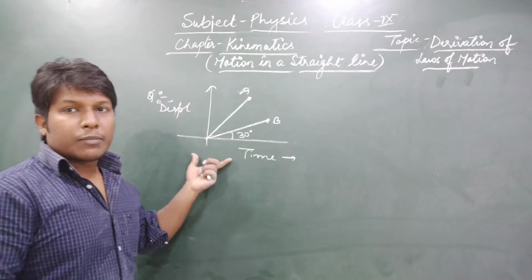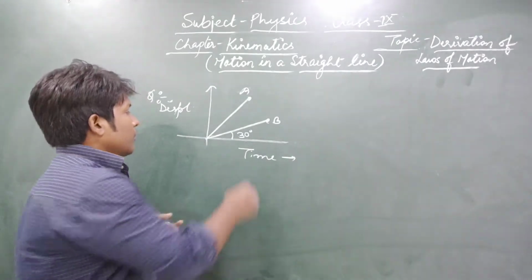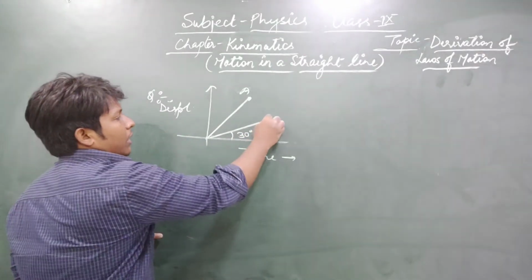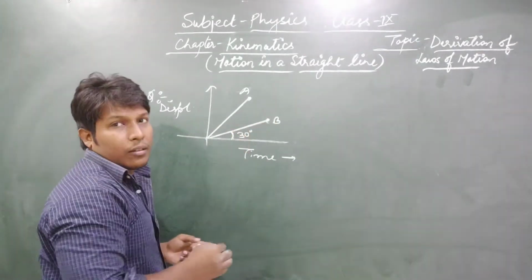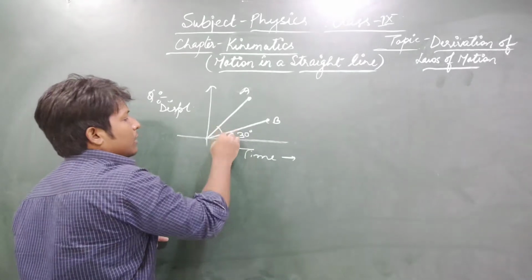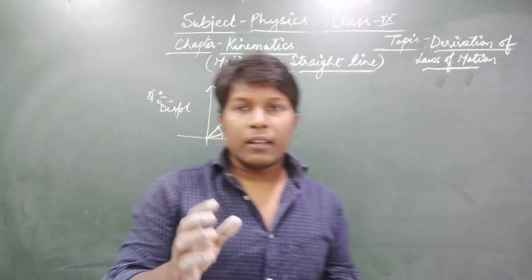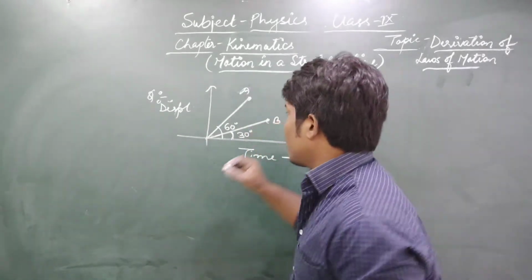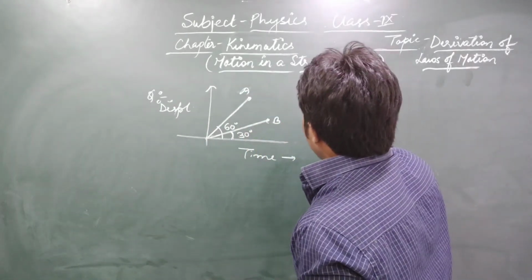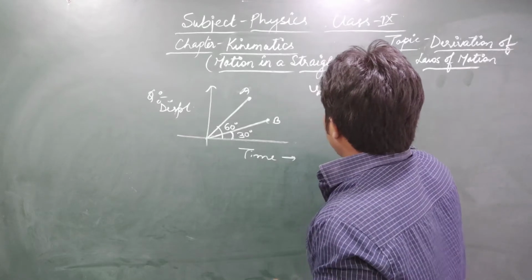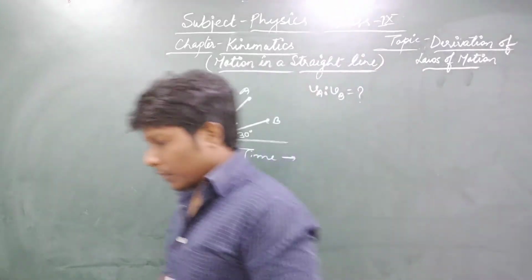The angle of line B is given as 30 degrees, which is its slope angle, and the second is given as 60 degrees, that is the slope of line A. The question is to find the ratio of the velocities of A and B.